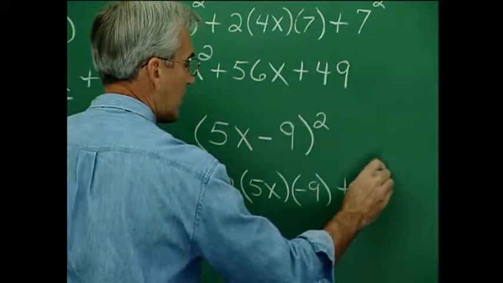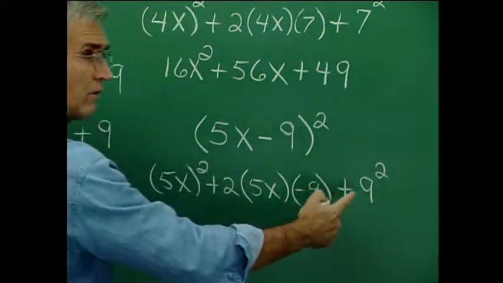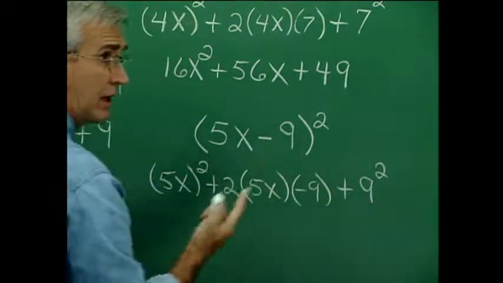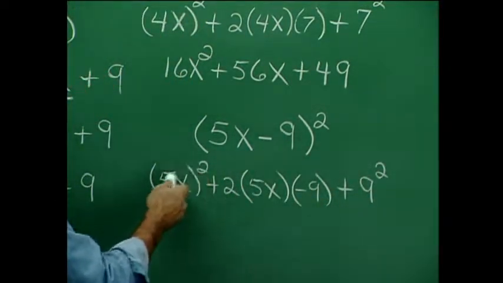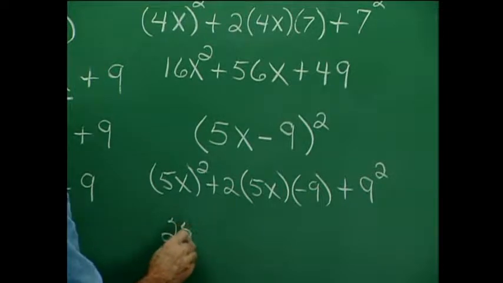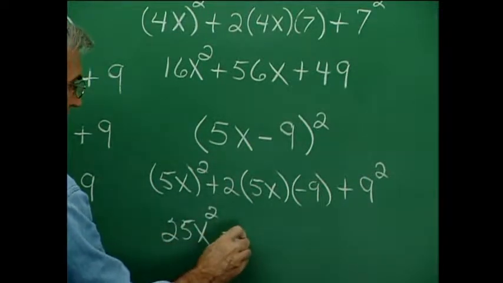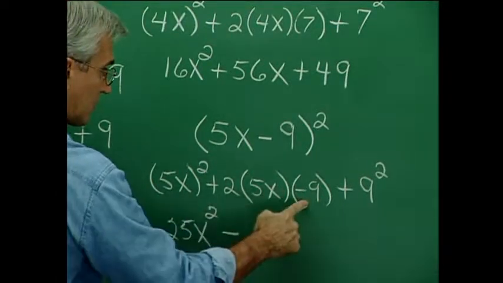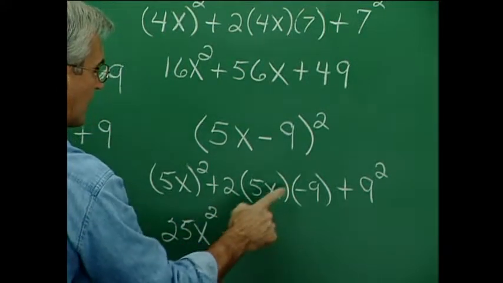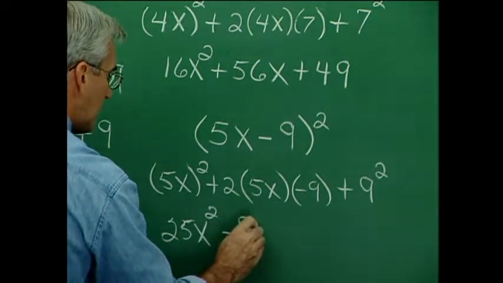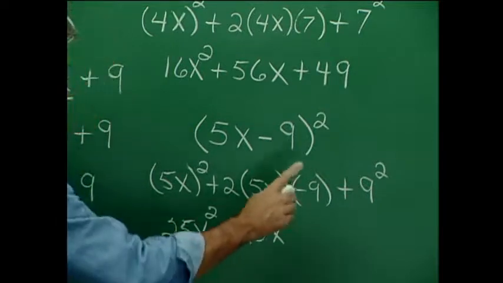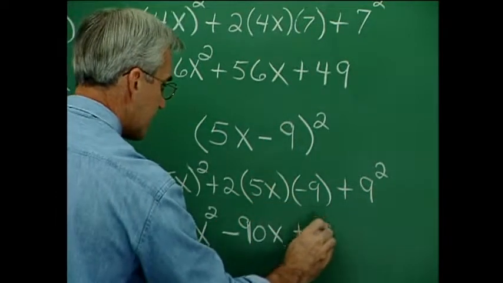Now, it doesn't matter whether we put a plus or a minus in here, for with the 9, when we square, we're going to get a positive result. So let's see, we're squaring here, we get 25x squared. Then the middle term is going to be negative because one of these factors is negative. And then 2 times 5, 10 times 9, 90x. And then 9 squared, 81.